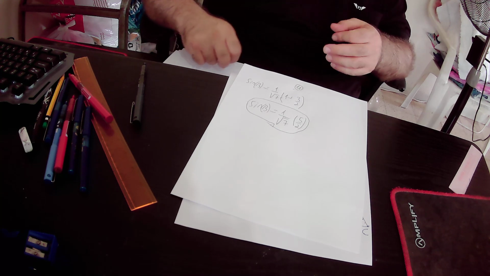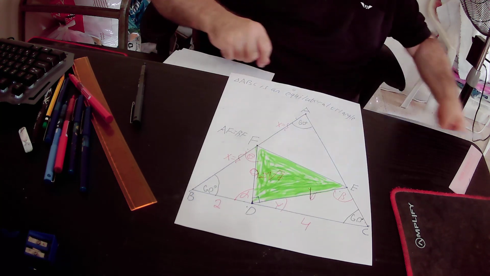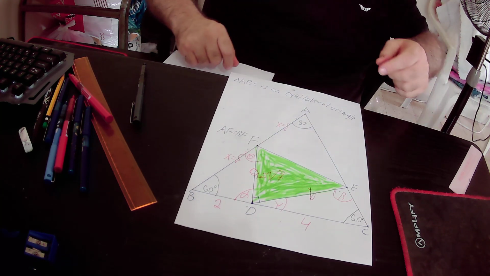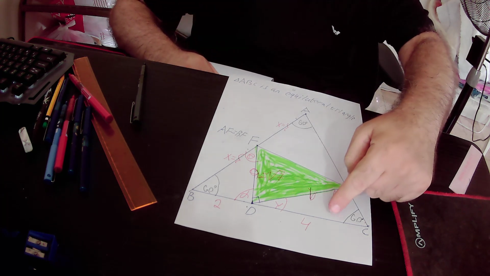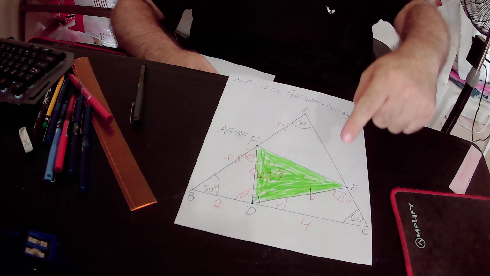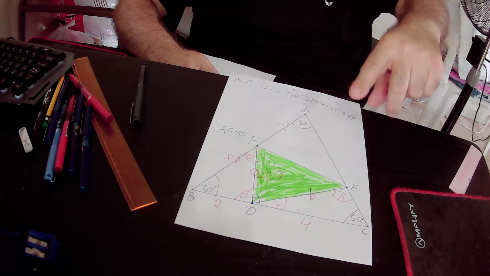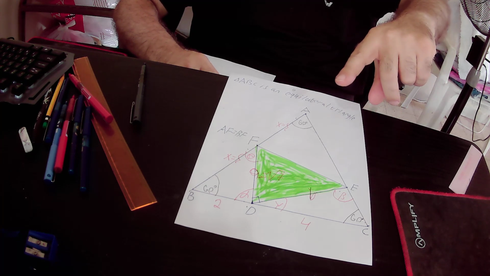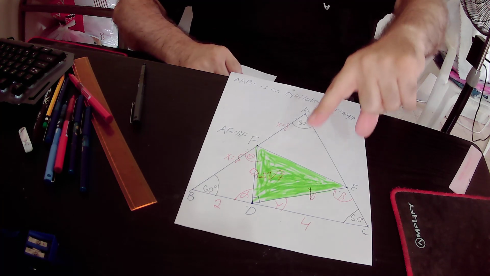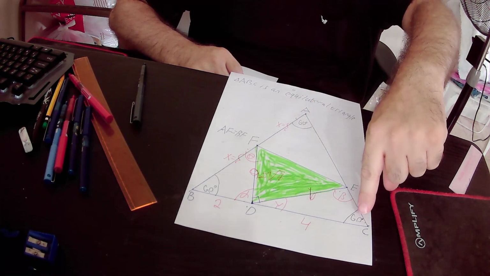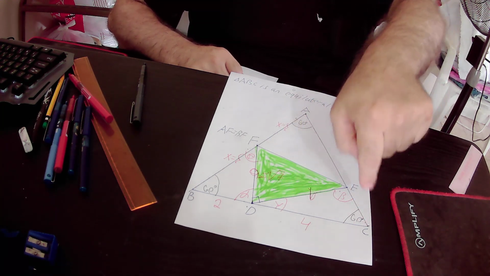Okay, that is the value of sin beta. After we found out the value of sin beta, we implemented the law of sines in triangle DEC. The implementation of the law of sines in triangle EDC means that ED over sin 60 degrees equals DC over sin beta.